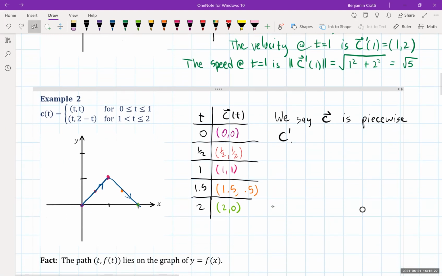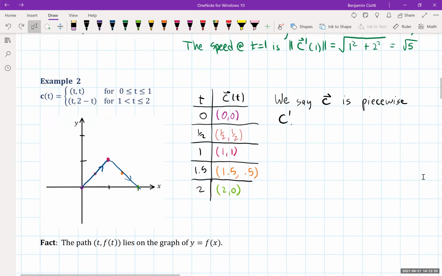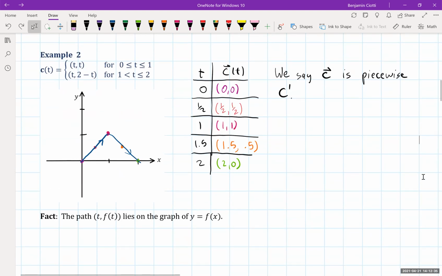Okay, any questions on this one? Here's a useful fact that will help give you an idea of what a curve looks like.